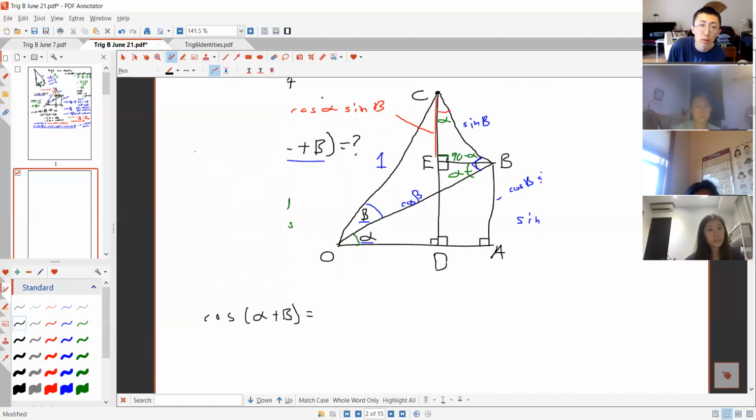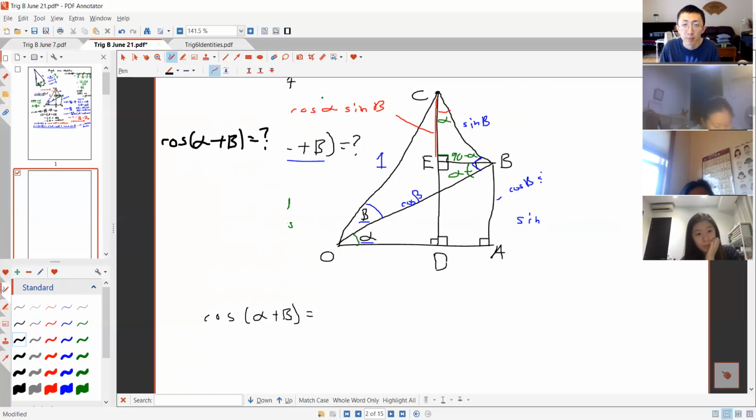So now we're wondering, is there a triangle with alpha plus beta as the angle? COD. Yeah.